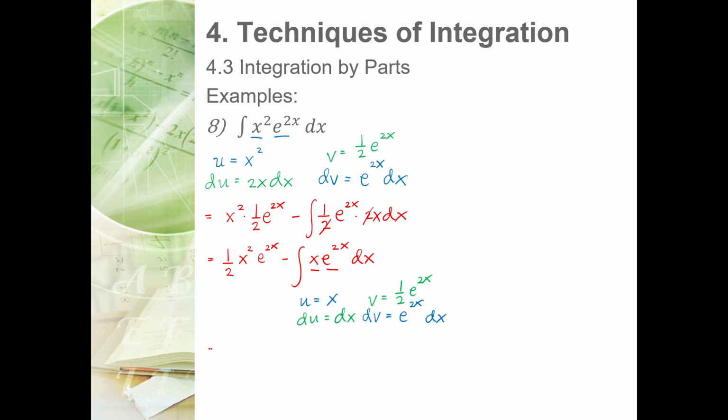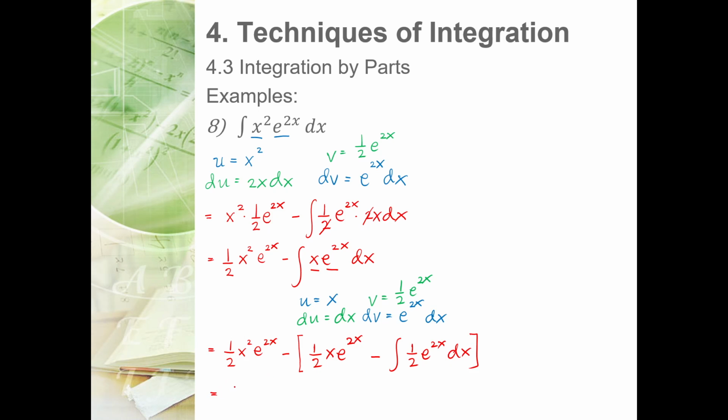Okay, so this time we have 1/2 x squared e raised to 2x, then minus, so don't forget to put the bracket because you need to distribute the negative sign later. Since you are using another integration by parts, there will be a negative in the second term. So uv is 1/2 x e raised to 2x, then minus the integral of v du, so 1/2 e to the power of 2x dx.